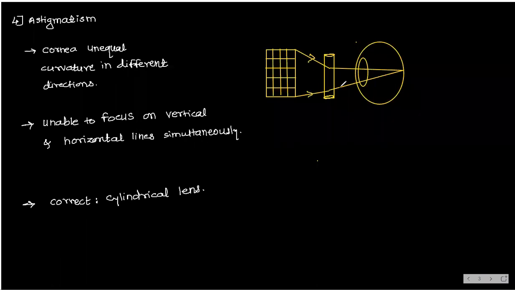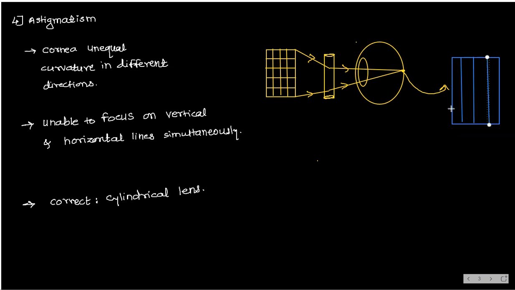And at this point, that is on the retina, you will get again the perfect image of this object, which consists of the same number of vertical lines and horizontal lines, so that the person can differentiate or focus on the lines. Okay, clear? This is the image.